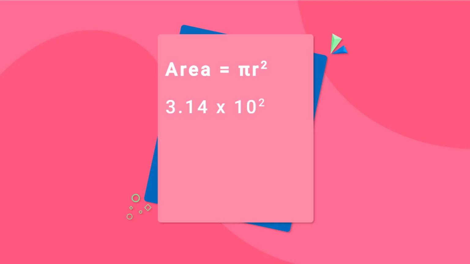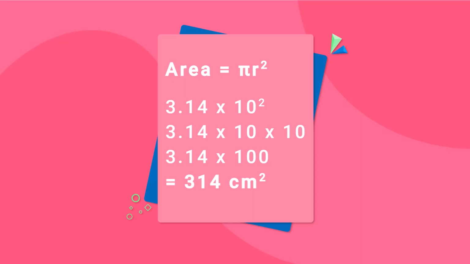R equals 10 centimeters. And r square is 10 centimeters times 10 centimeters, which is 100 centimeters square. Therefore, the area of the clock is 3.14 times 100 centimeters square, which gives a value of 314 centimeters square.